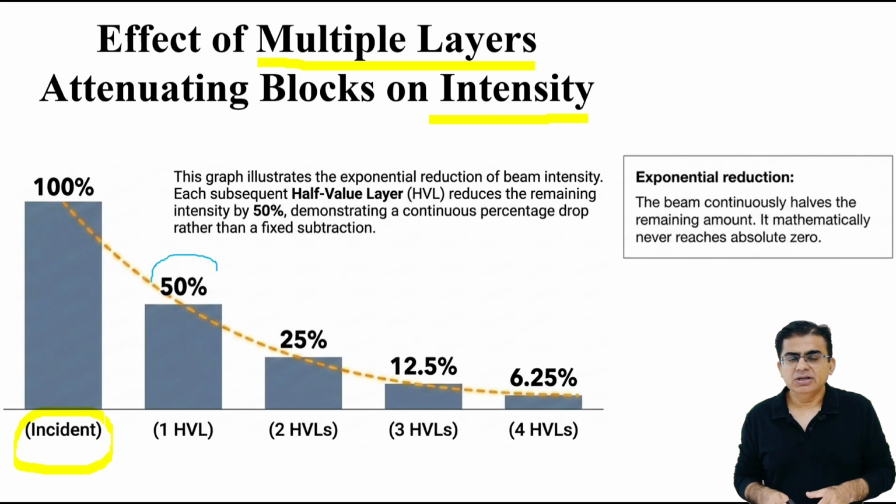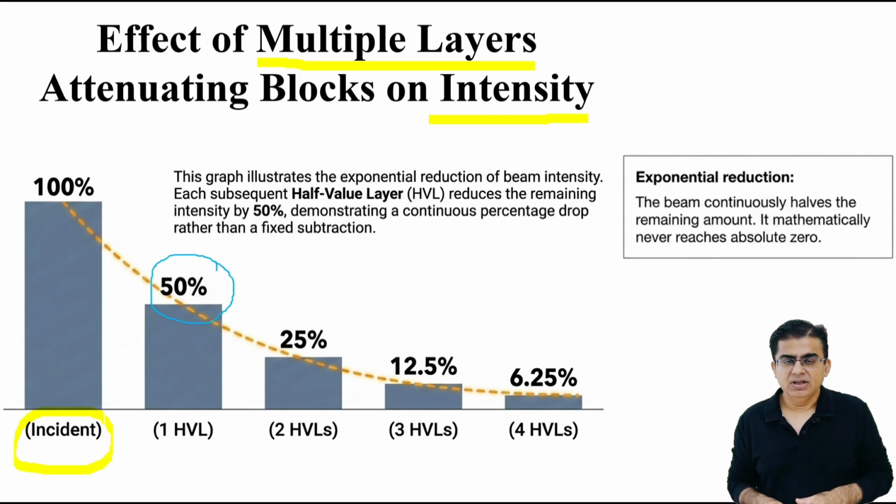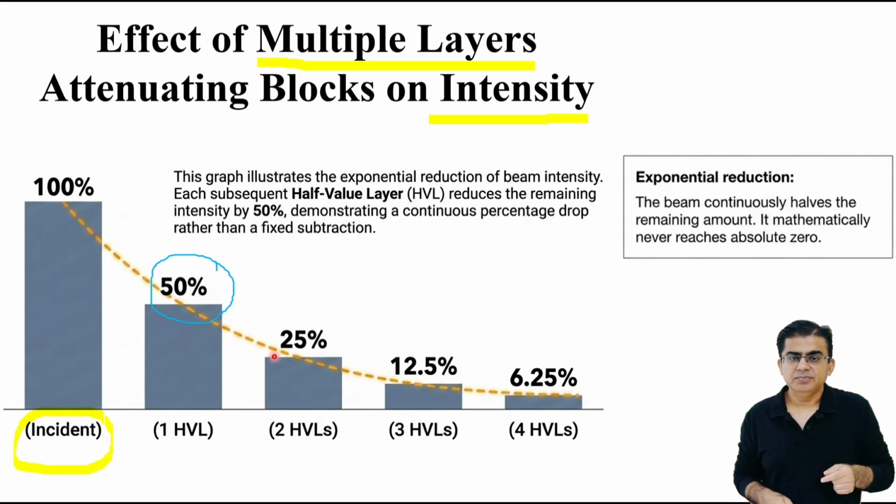Now comes the most important clinical step. The second HVL absolutely does not subtract another 50 from the total. It will simply remove half of the remaining 50%. This leaves us with exactly 25% of our original beam intensity.